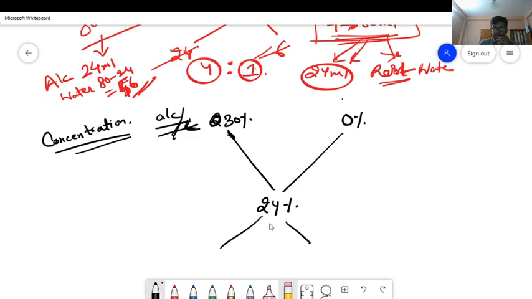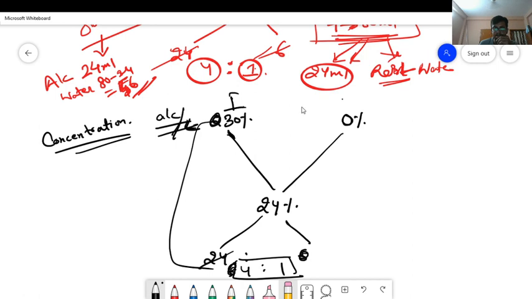Then this will be 6 and this will be 24. Clear till here? This will be 4 and this will be 1. This is the ratio in which the first and second mixture were mixed. Okay? Do you remember this much?